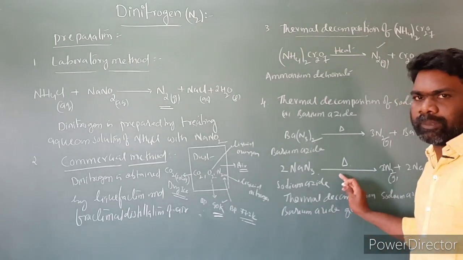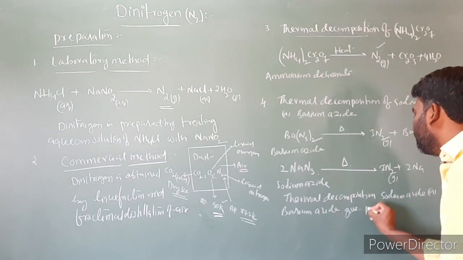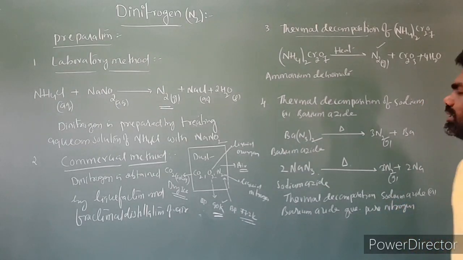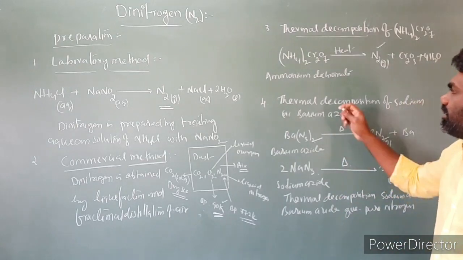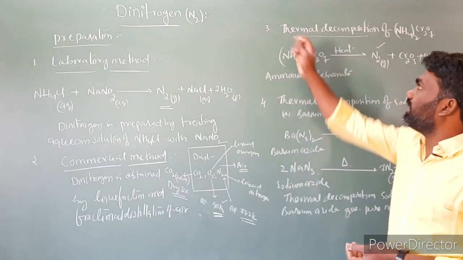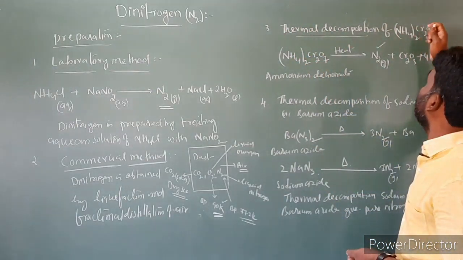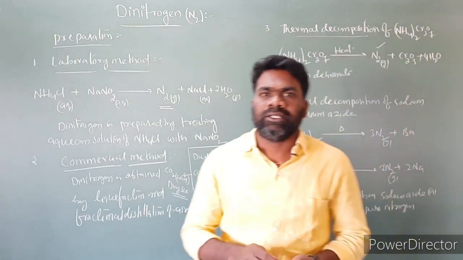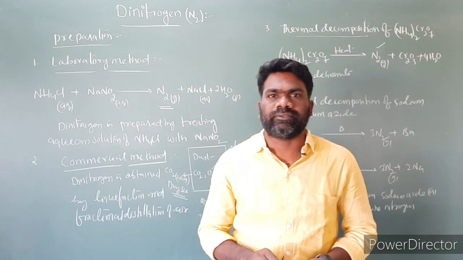By this method we are able to prepare pure nitrogen. So this is the preparation of nitrogen by thermal decomposition of ammonium dichromate and thermal decomposition of sodium or barium azide.